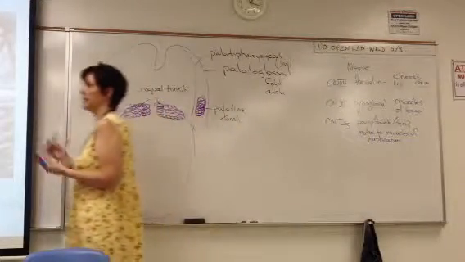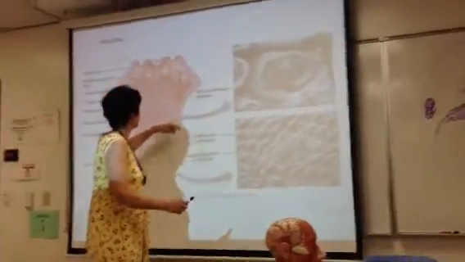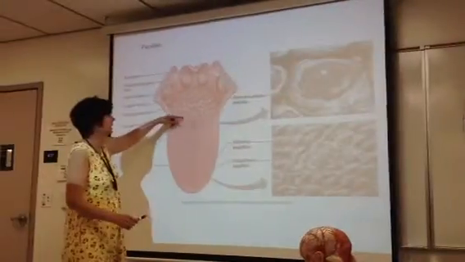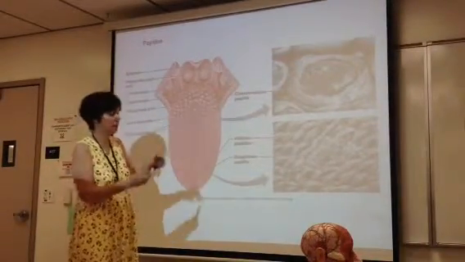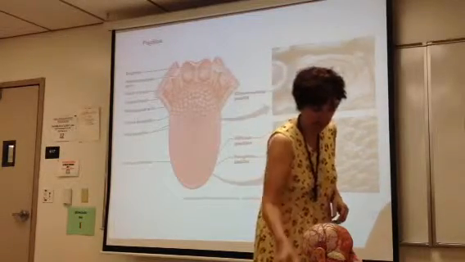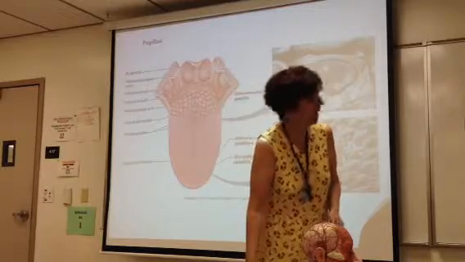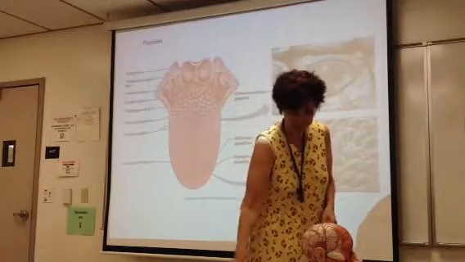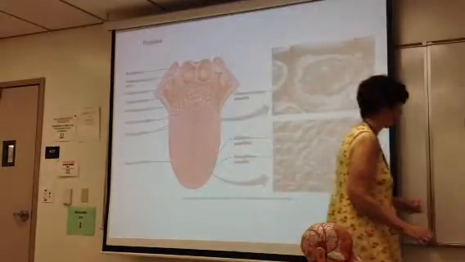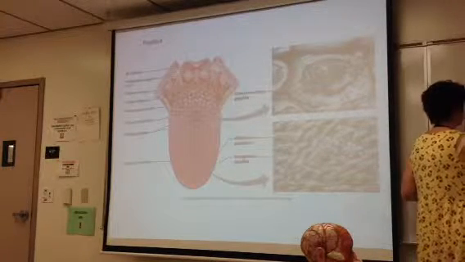Now we have taste buds. So we have these large taste buds forming an upside down V, just between the lingual tonsil and the rest of the surface of the tongue. And these are oriented, they're flat with the surface, but they have a moat around them.